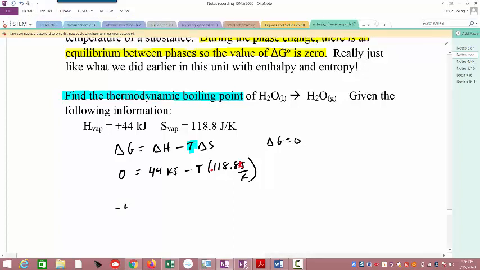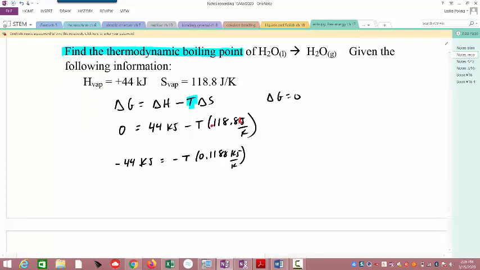So we've got negative 44 kilojoules equals negative T times 0.1188 kilojoules per Kelvin. So the negatives cancel out, and we have 44 divided by 0.1188.